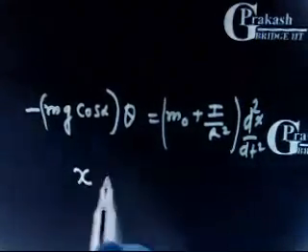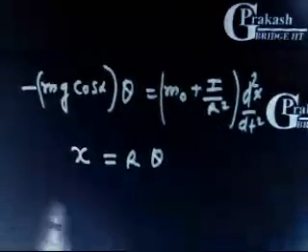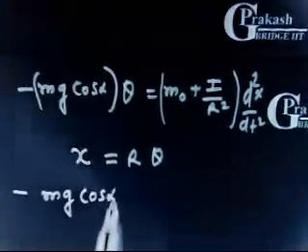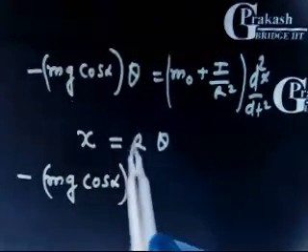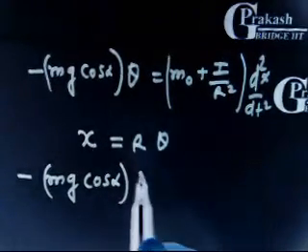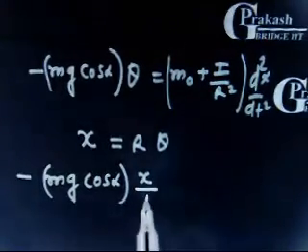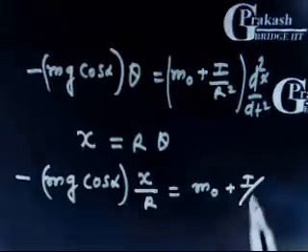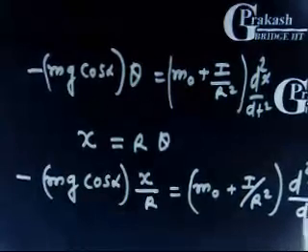If you remember, x is equal to rθ, so I can eliminate θ from here, so it becomes minus mg cos α, and θ is x by r. So I can write θ equals x by r, and this is (m₀ + I/r²) d²x/dt².